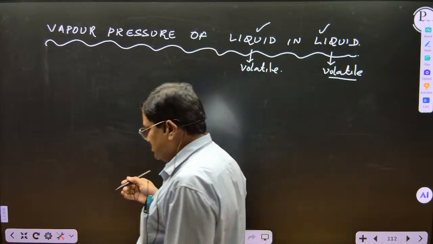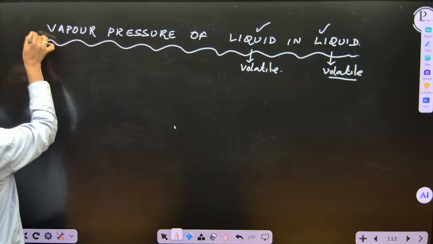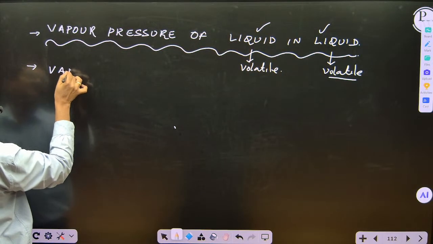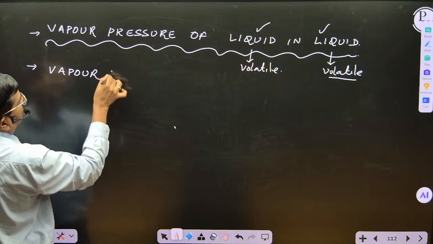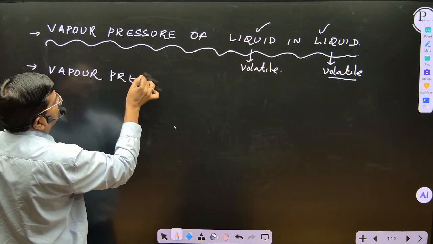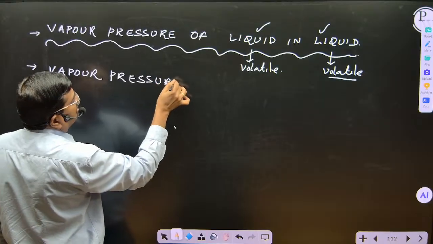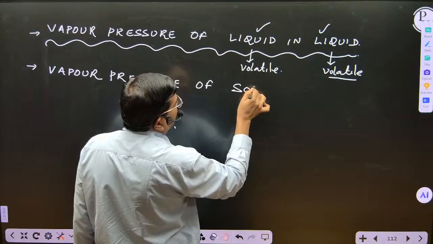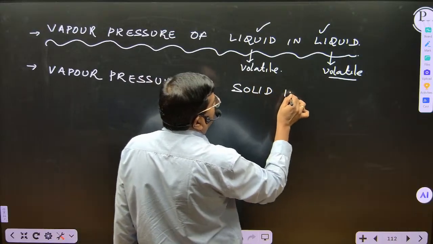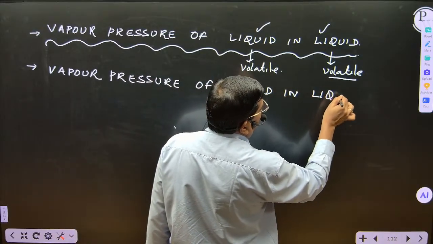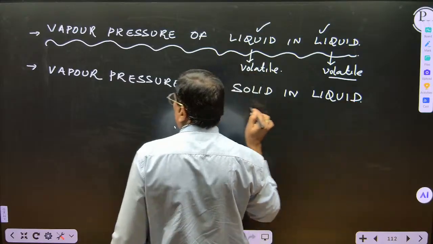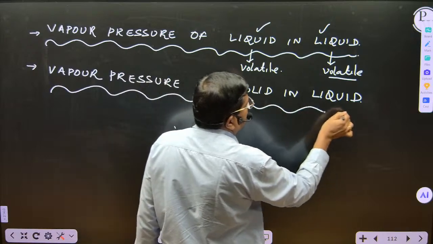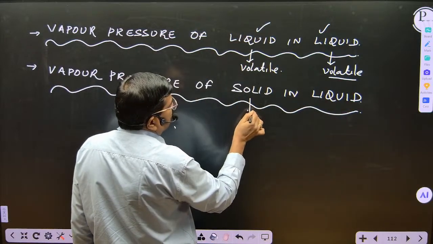There are two concepts we have to discuss. One is vapor pressure of liquid in liquid, another is vapor pressure of solid in liquid, which means dissolving a solid in a liquid. Here the solid is non-volatile.